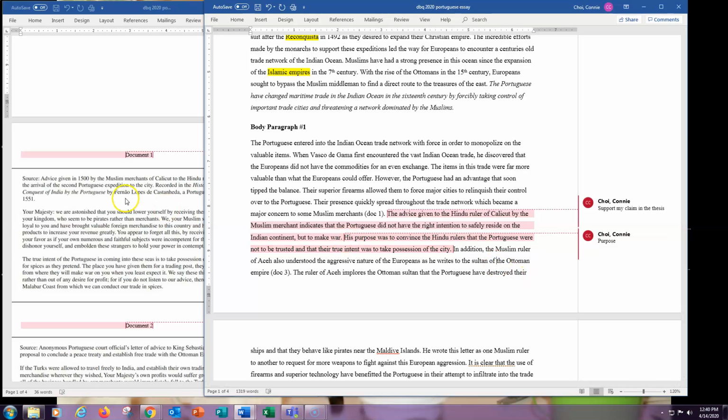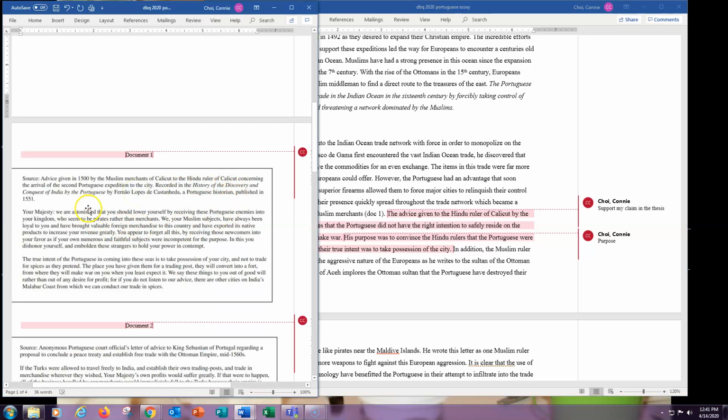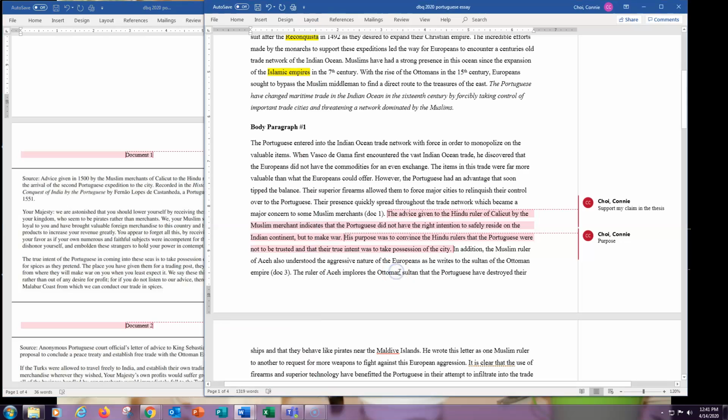Remember that this is a Muslim merchant of India basically writing to a Hindu ruler. So basically he is indicating that the Portuguese do not have the right motivation, and he's trying to convince the Hindu ruler not to make contact with the Portuguese. And so that is my purpose here.